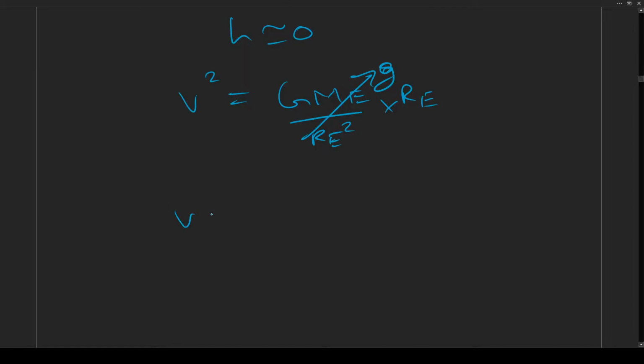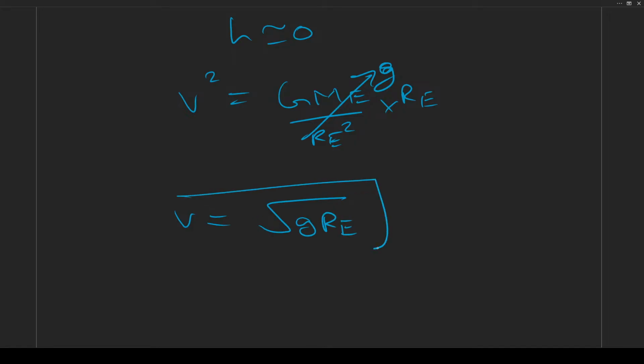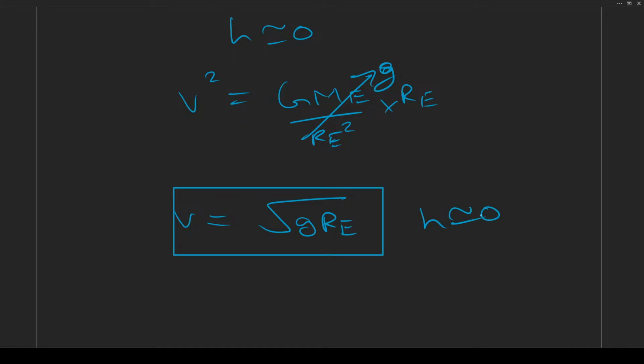V square will become GRE, whereas V will become root of GRE. This is for when H is negligible.